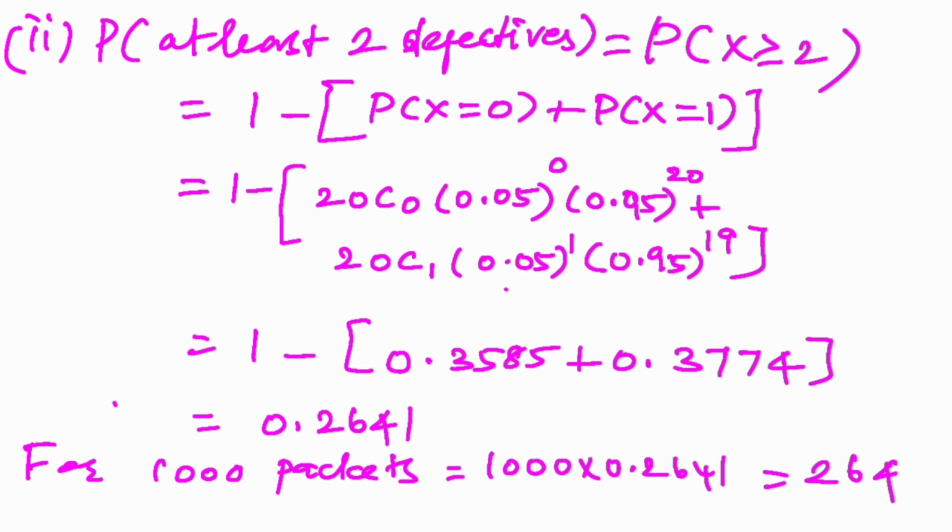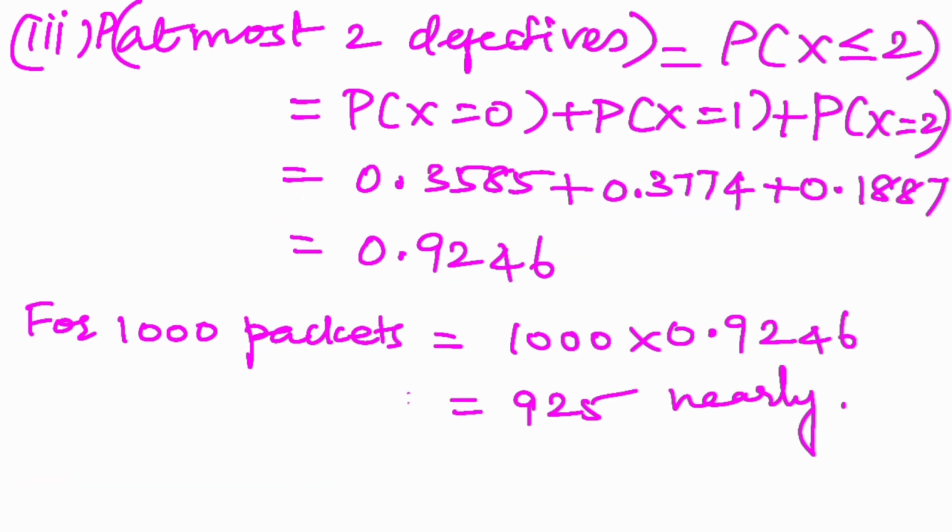They are not included in this case. So if we calculate that and subtract those values from the total probability value 1, we get the answer. As we know from the previous discussions, 1 minus of P of X equal to 0 plus P of X equal to 1. So calculating using the probability mass function and subtracting both the values from 1, we get 0.2641. Multiply by 1000, we get 264.